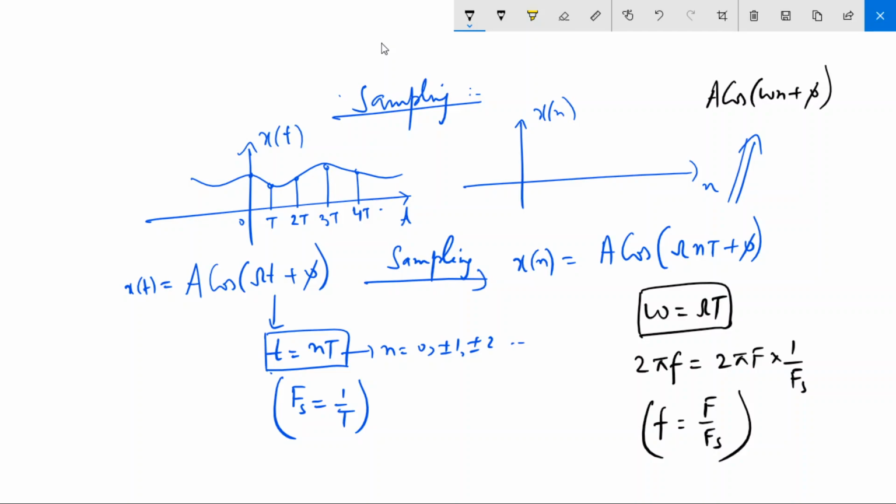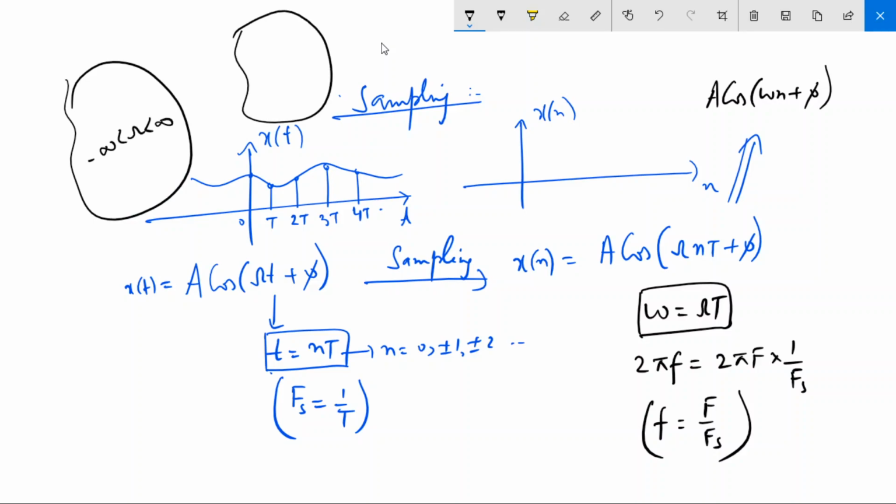Okay, because when the signal is in the continuous time, it has an infinite bandwidth. When you sample it, it becomes discrete, which has a finite bandwidth.